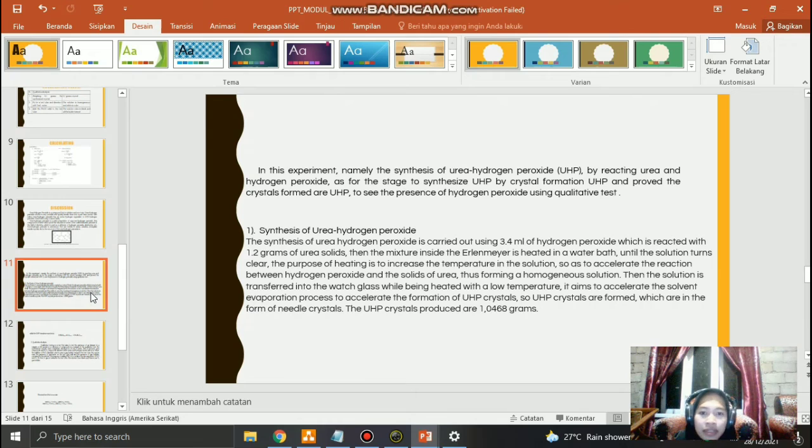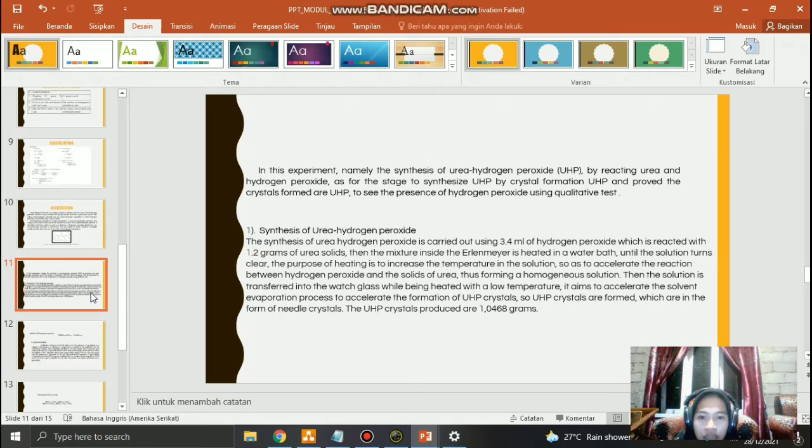In the experiment, namely the synthesis of urea hydrogen peroxide (UHP), urea is reacted with hydrogen peroxide. The stage to synthesize UHP is crystal formation; the crystals formed are UHP. To see the presence of hydrogen peroxide, qualitative tests are used. 1.